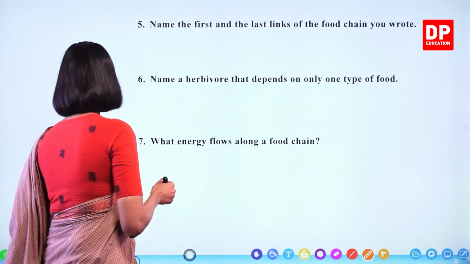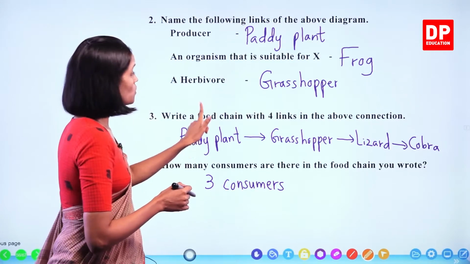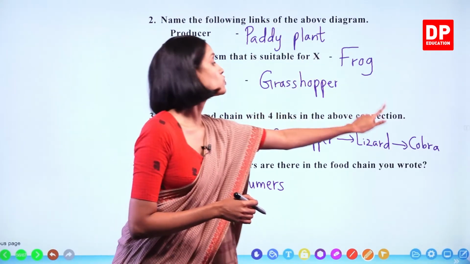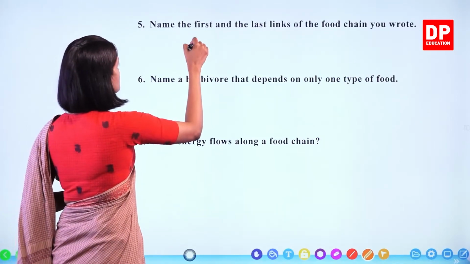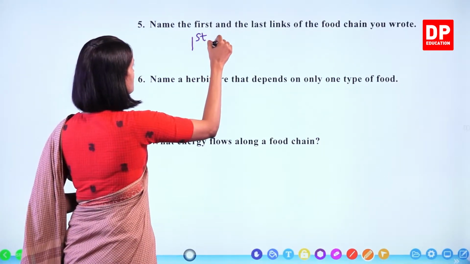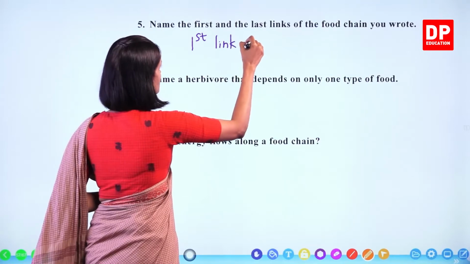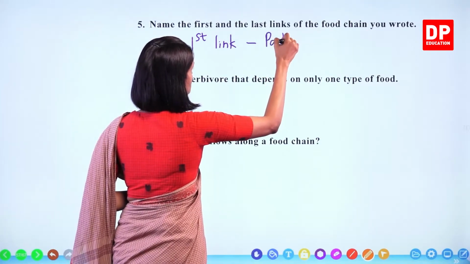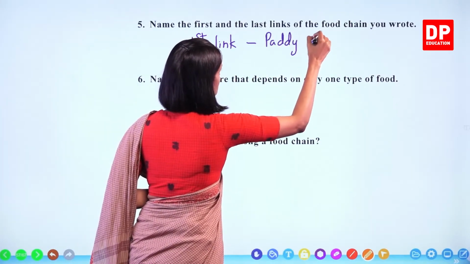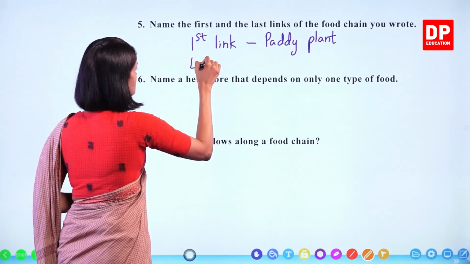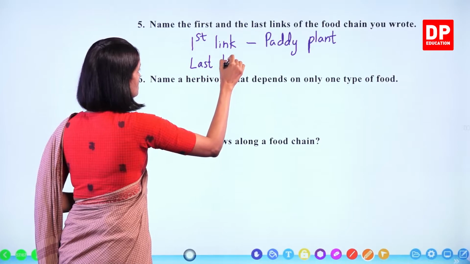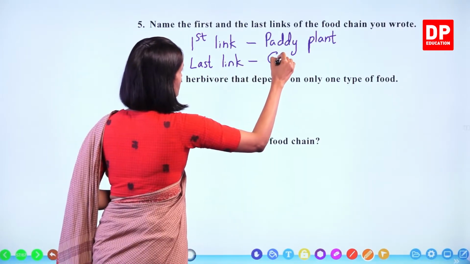What is the first link? Paddy plant. What is the last link? Cobra. First link, paddy plant. Last link, cobra.